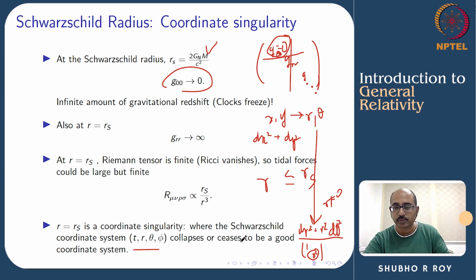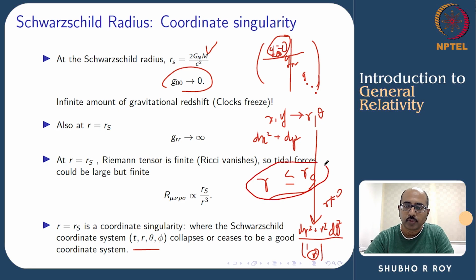Okay, R less than or equal to RS. This is where the Schwarzschild coordinate system doesn't hold anymore, and you have to use an alternative coordinate chart to describe this region.